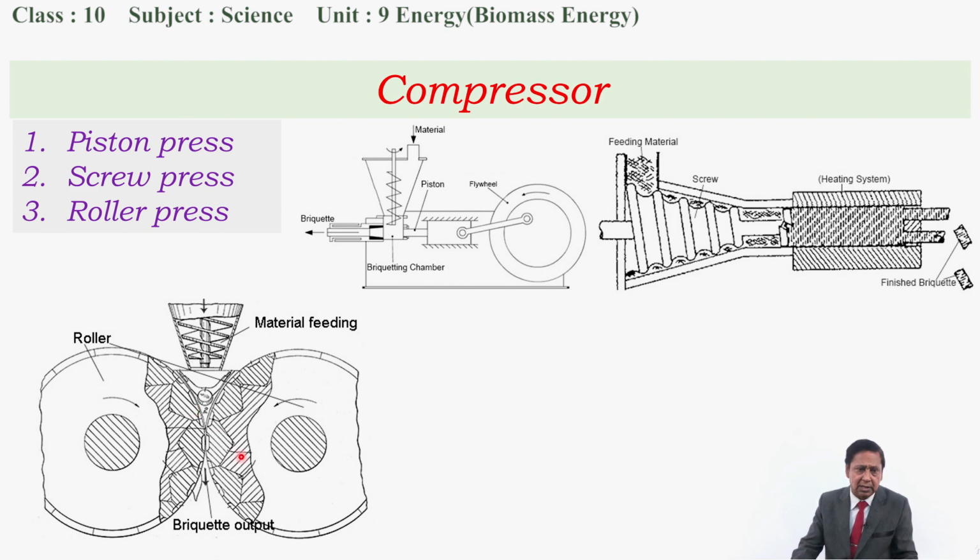I mean to say it is pressed by the rolling of this roller, and when it passes through the roller, it is compressed and the briquette forms. This way, non-carbonized briquettes are made by using different high pressure compressors, I mean compressors which produce high pressure. Okay.